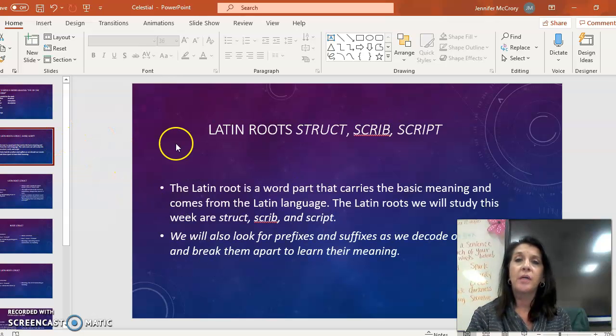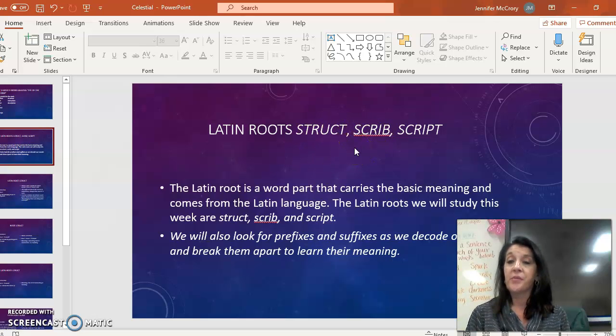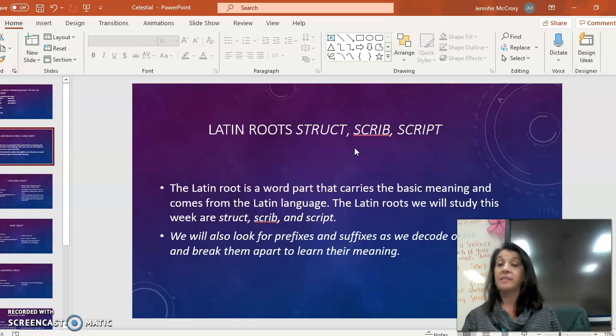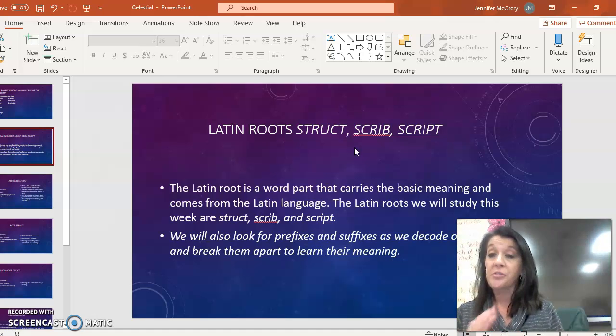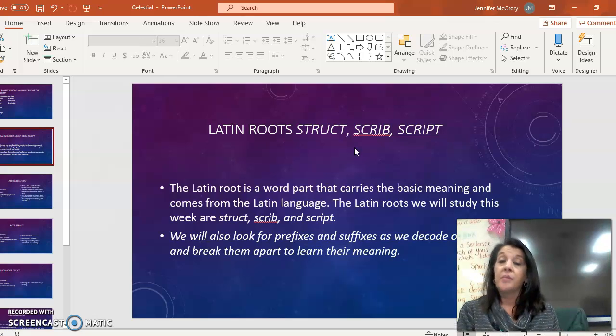So we have been talking about these 3 Latin roots here. And we've also been adding and taking apart different prefixes and suffixes so that we can decode our words much better, so that we understand the meanings, and we understand what we can do when we get to a word that we are not familiar with.